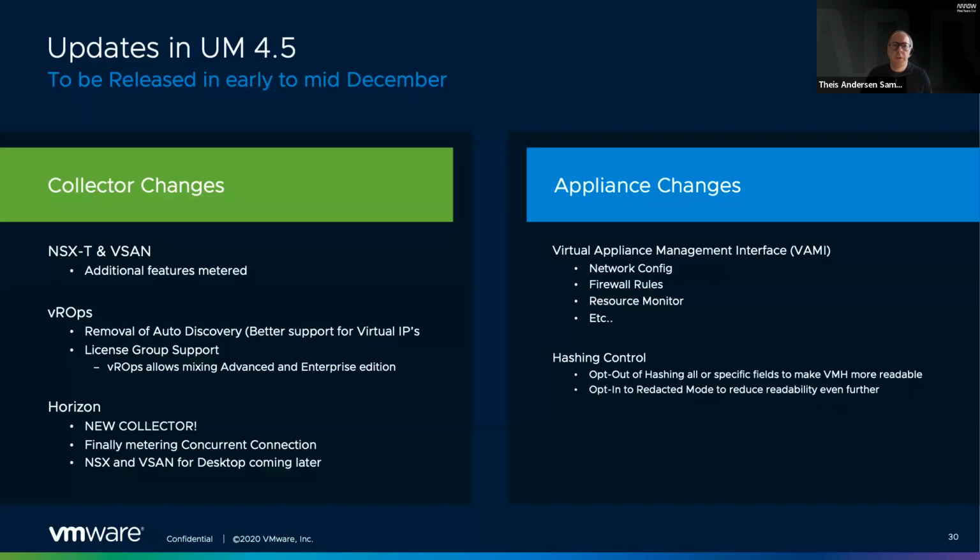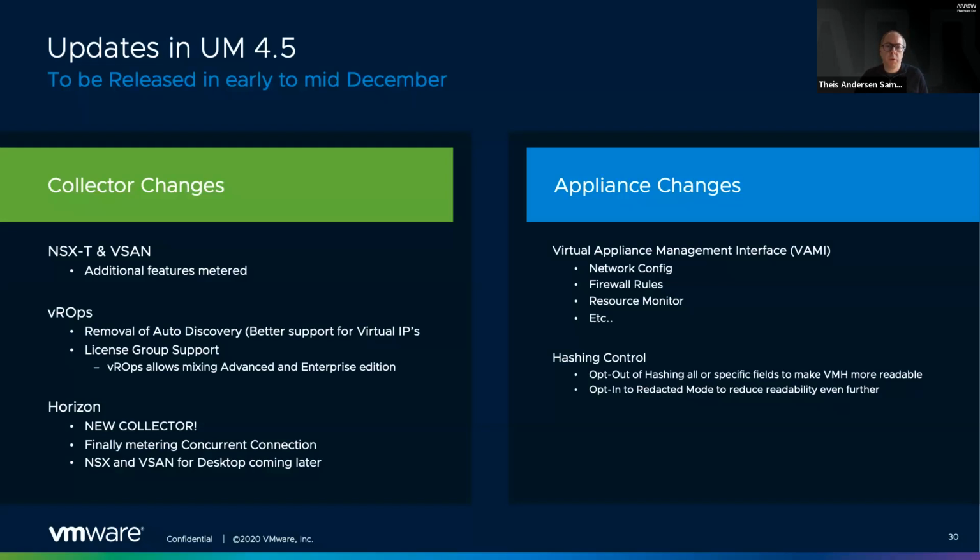Also, there are some changes for the appliance. So there are some network things, stuff like that, that are now exposed in the WAMI, the management interface of the appliance. There have also been some requests because everything is encrypted and hashed when it's being sent from the usage meter appliance into the usage insight portal, just to keep things anonymous and GDPR compliant.